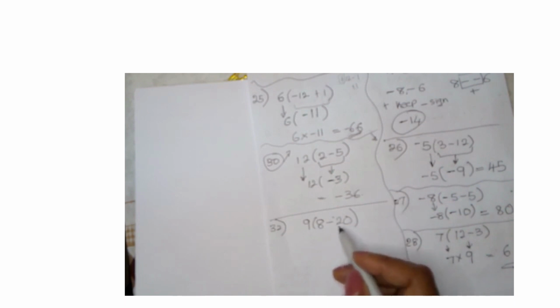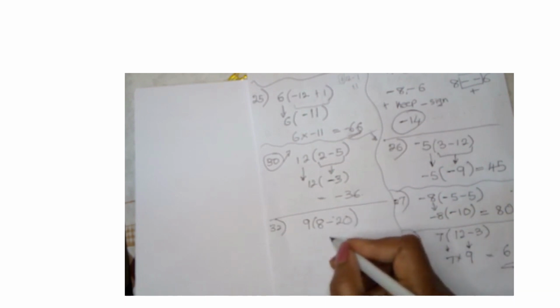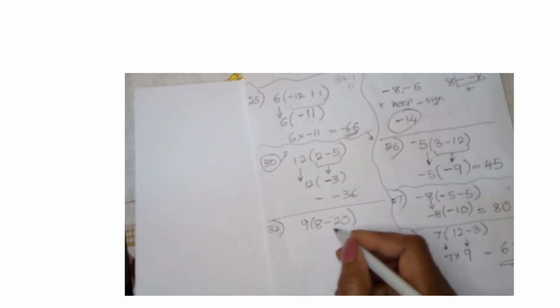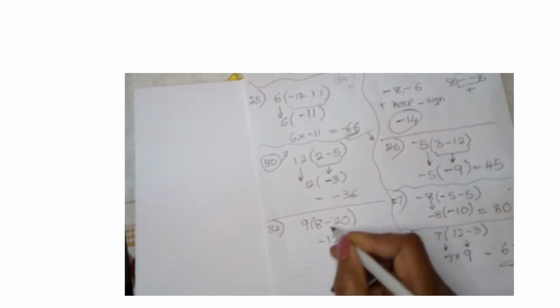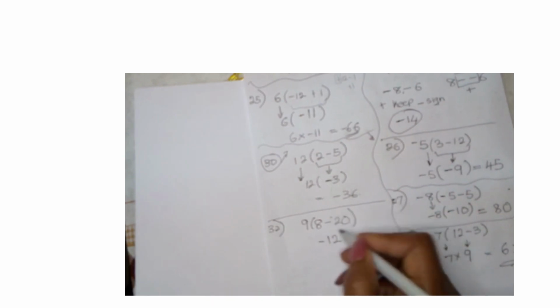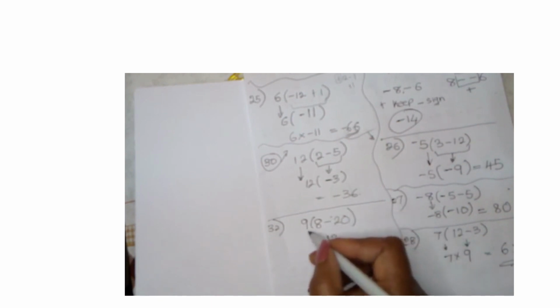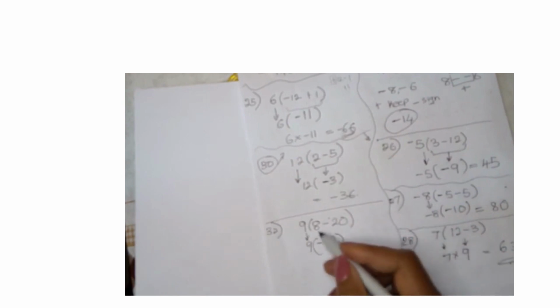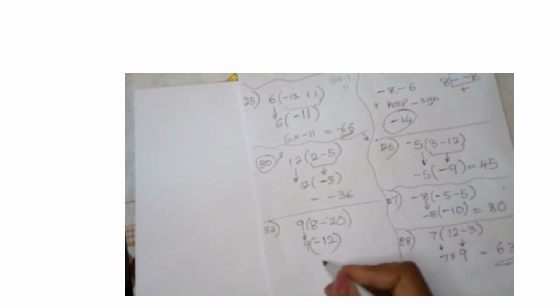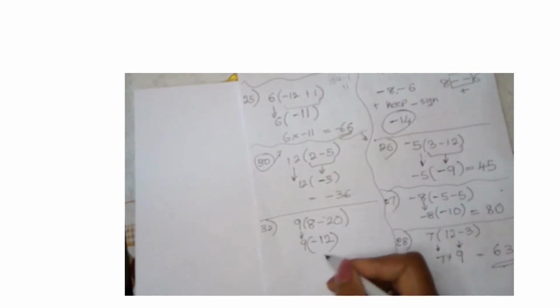We subtract 20 minus 8, which gives you 12. Don't forget the sign: the bigger number is 20 and the sign is negative. You bring down 9 and multiply. Don't forget to put the bracket, or you write it like this: 9 times negative 12.